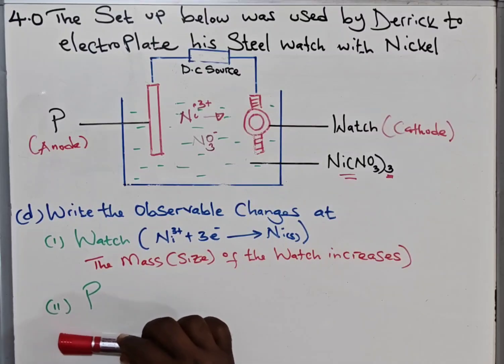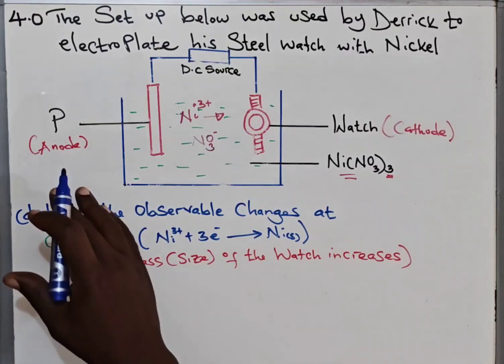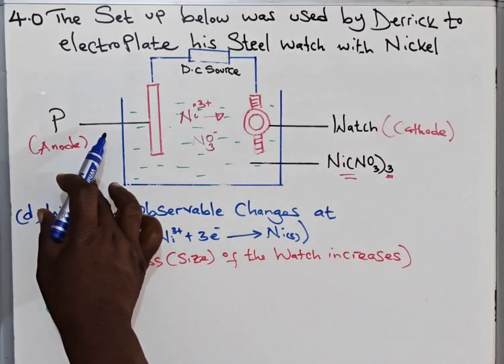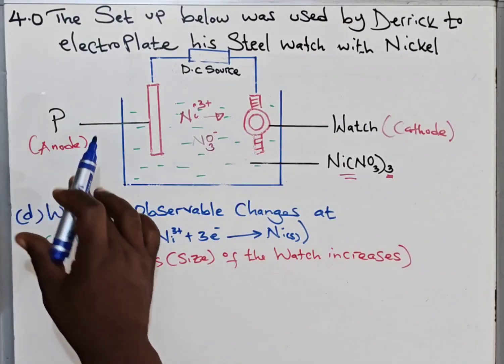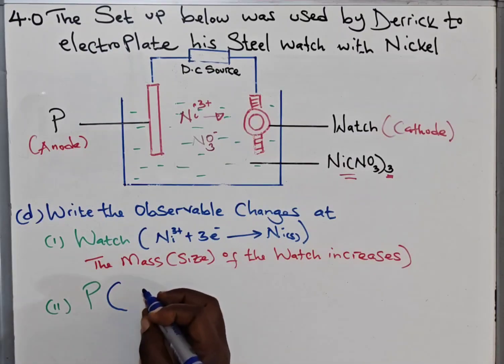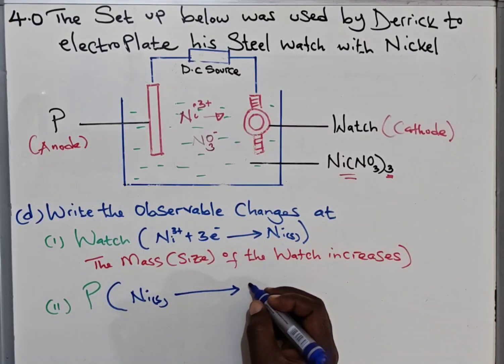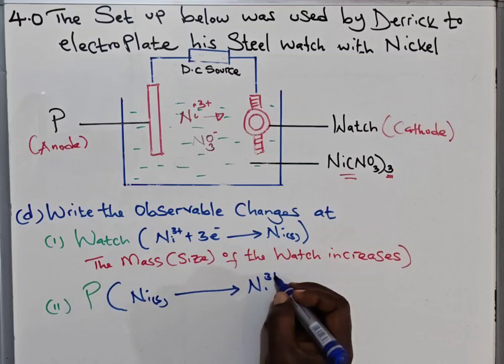Then we come to this one. Observable changes at P. So what do you observe at the electrode P? This one we can obtain from the reaction which takes place at P. We need to know that P is the anode. And what type of reaction occurs at the anode? Oxidation. In terms of ion changes, oxidation is the change from solid to positive ions. So we are going to have nickel solid being oxidized to nickel 3 ions.